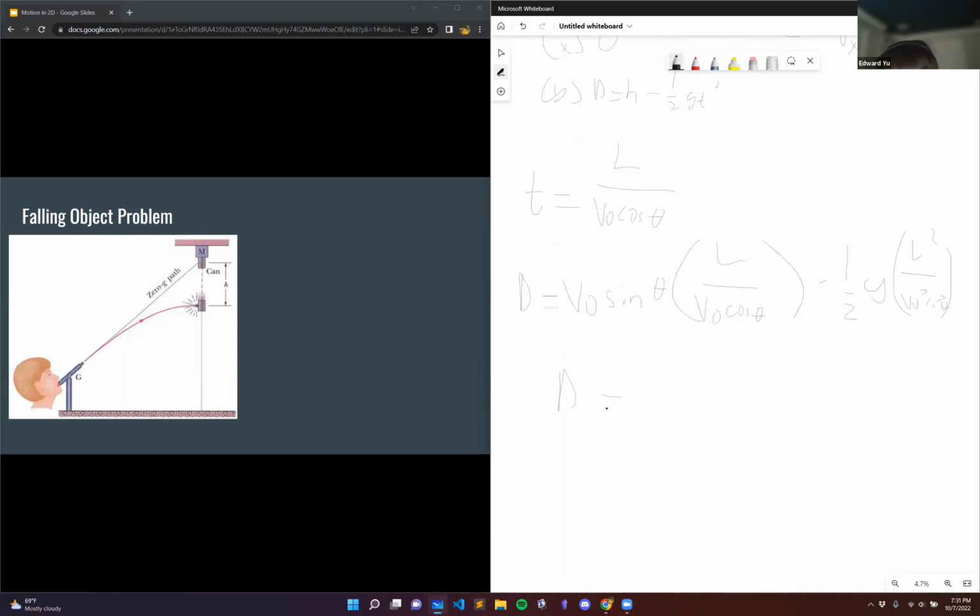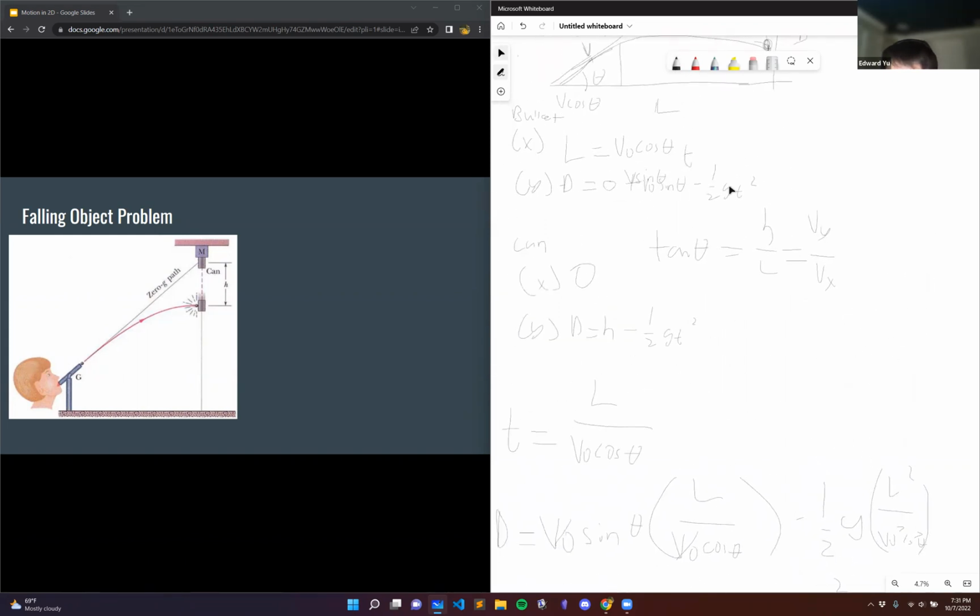So d is equal to, V and V cancel out, so sine theta over cosine theta is just tangent theta times L, and then minus L squared g over 2V squared cosine squared theta. And then for the can's equation, d is equal to h.